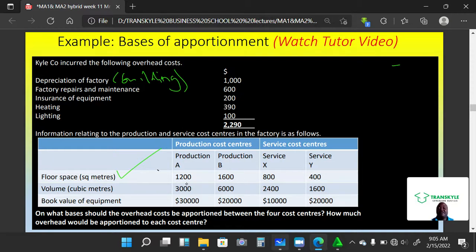It's a bit fair. All right, and then factory repairs and maintenance. What do you think is the fair basis? Can we use the volume? Can we use the book value of the equipment?